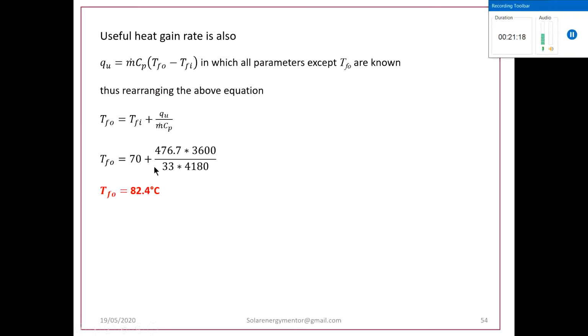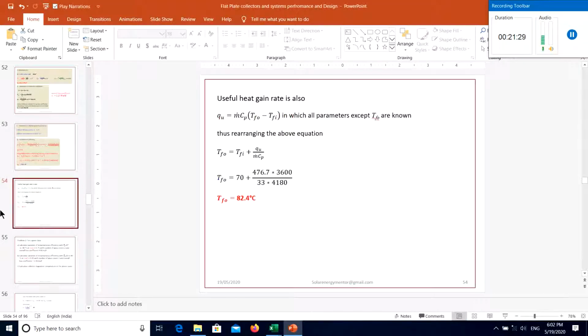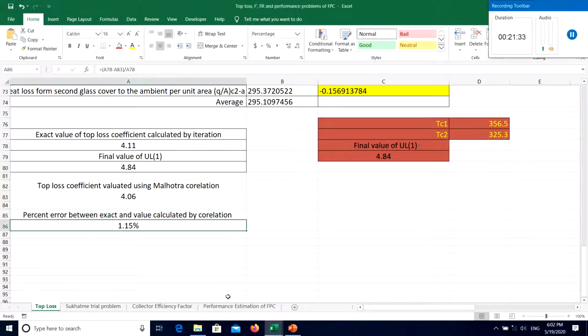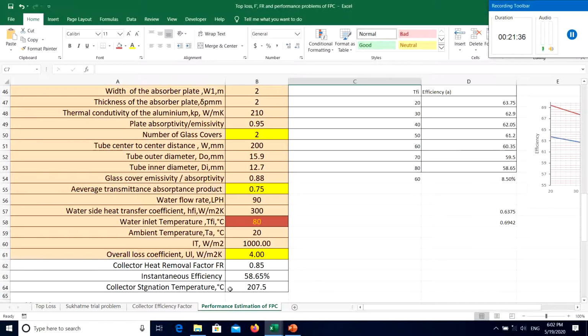And then using that expression, the fluid outlet temperature comes out to be 82.4 degrees Celsius. This is separately demonstrated in an Excel sheet here.